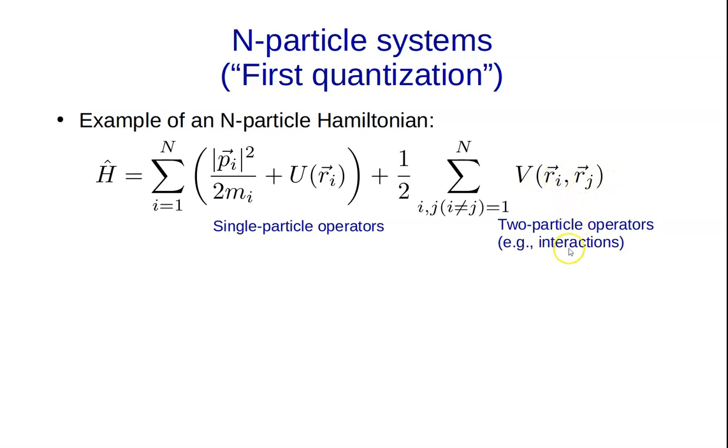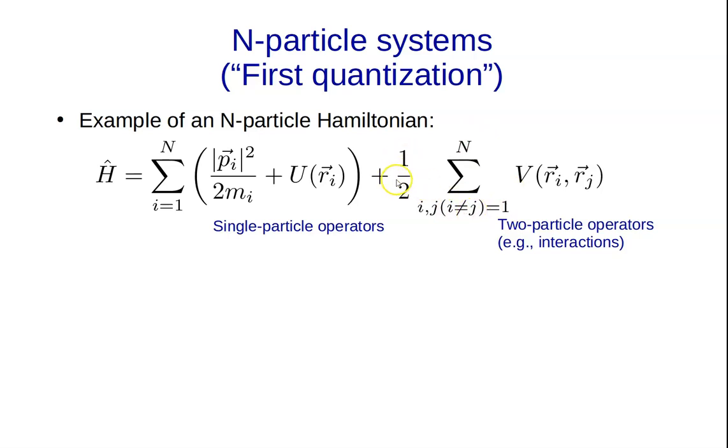One example is interactions, say electron-electron interactions, or electron-proton interactions, which will involve the coordinates of the two electrons, or the coordinates of two protons. So all these two particle operators come in here, and the sum runs over i and j equals 1 to n, with i different than j.